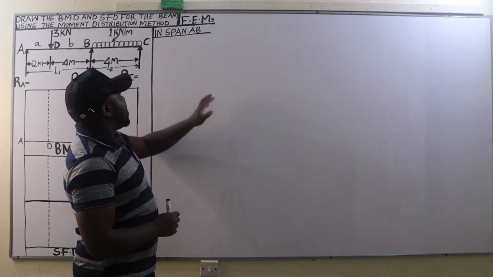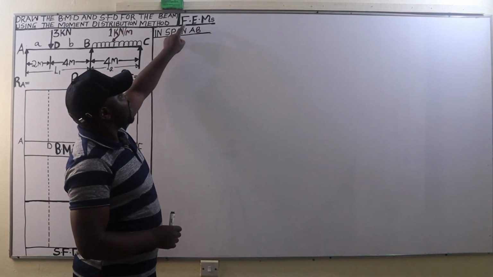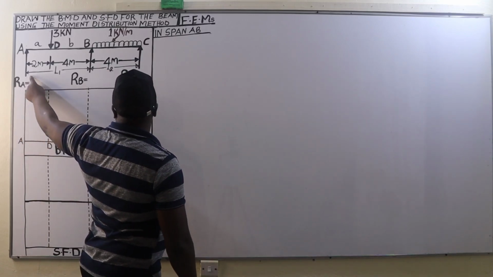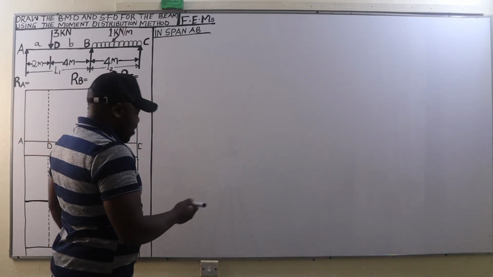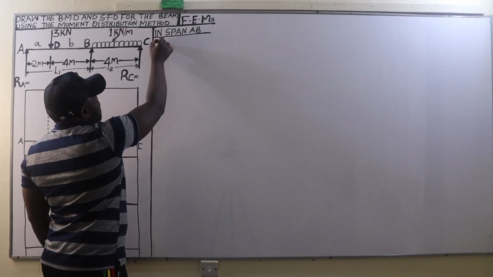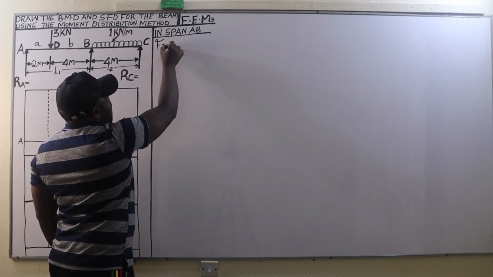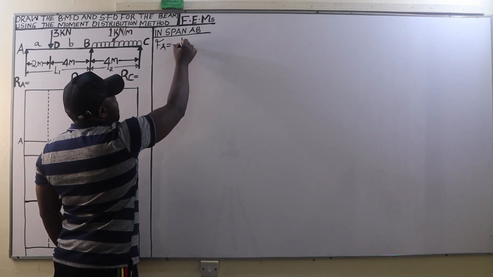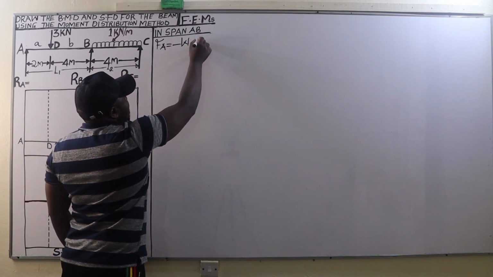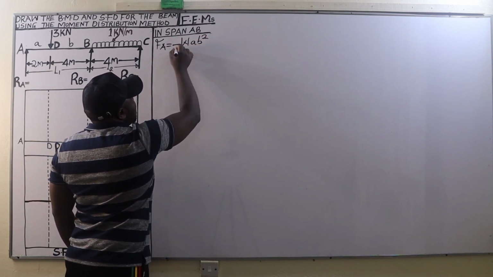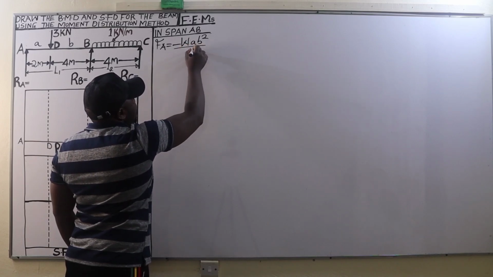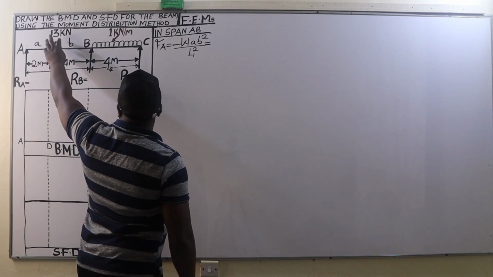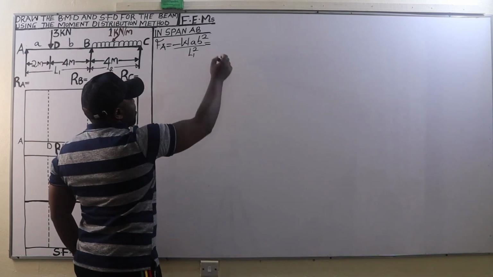We are going to begin with the calculation of the fixed end moments, and in this case we are going to begin with the span A to B. Now, on the span A to B, the fixed end moment at A will be given by this formula: negative W A B squared divided by L1 squared, where W is the point load at D, 3 kilonewtons.